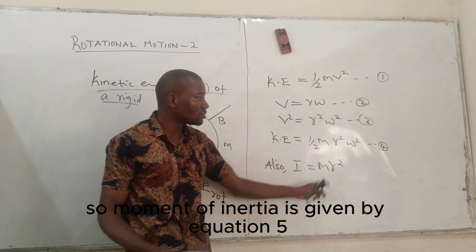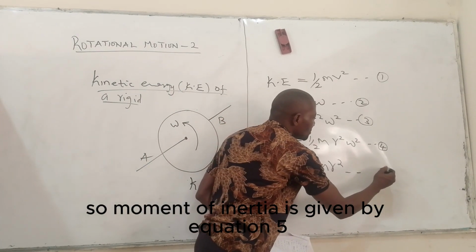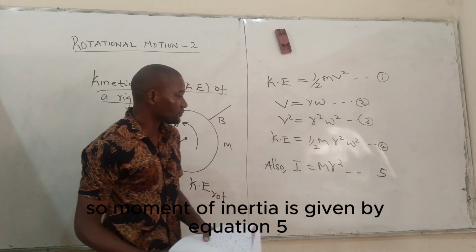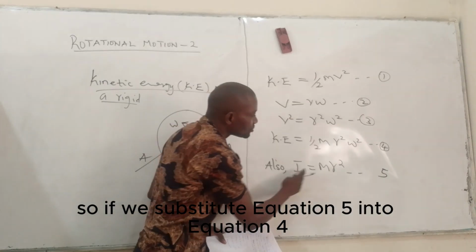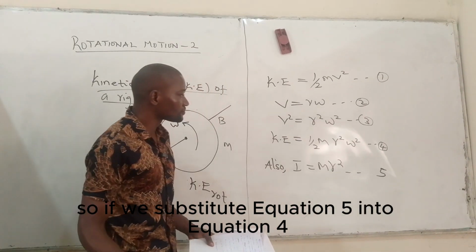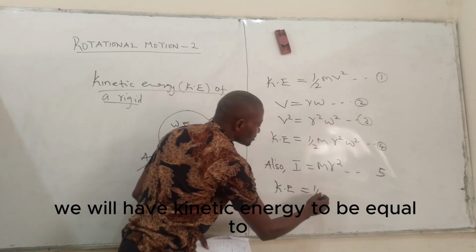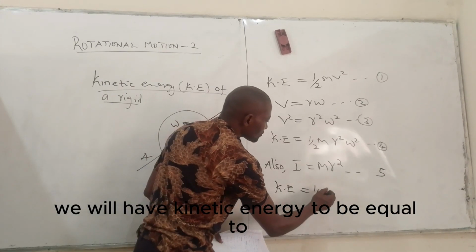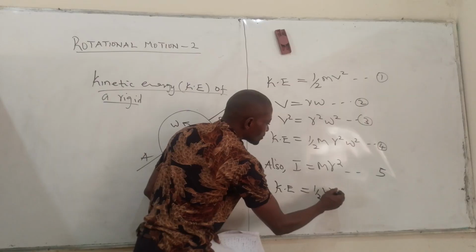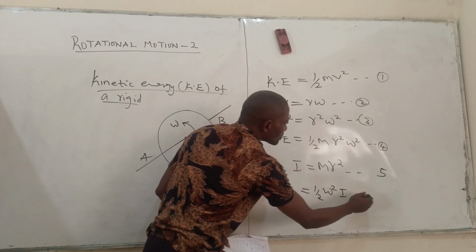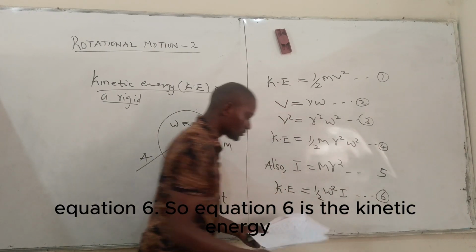So moment of inertia is given by equation 5. If we substitute equation 5 into equation 4, we will have the kinetic energy equal to equation 6.